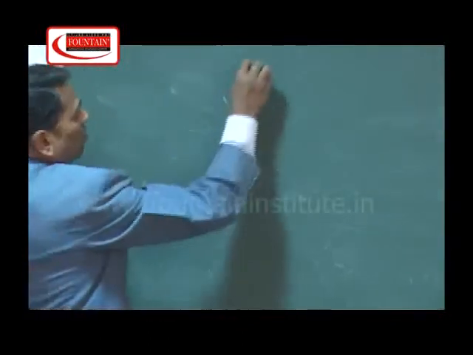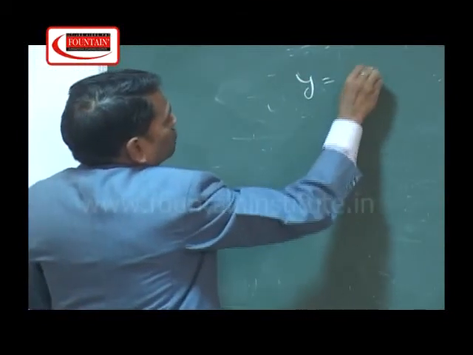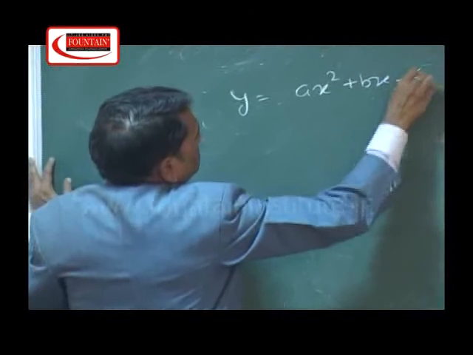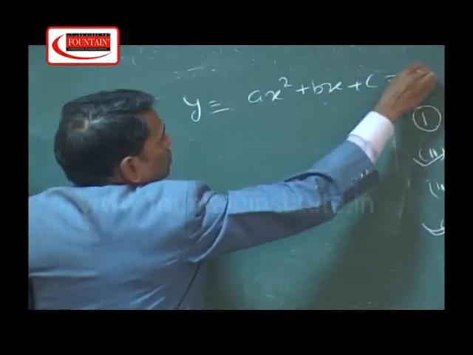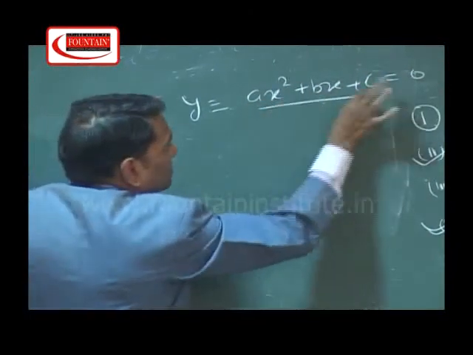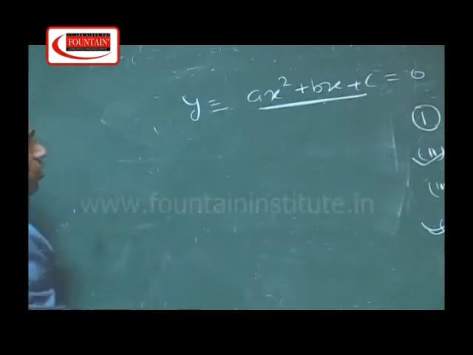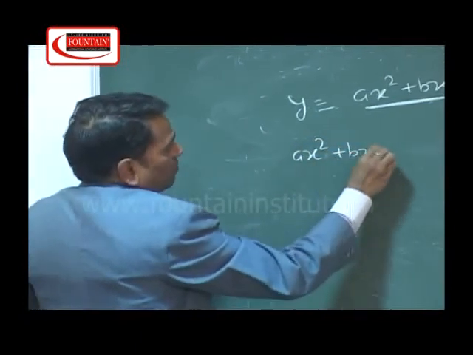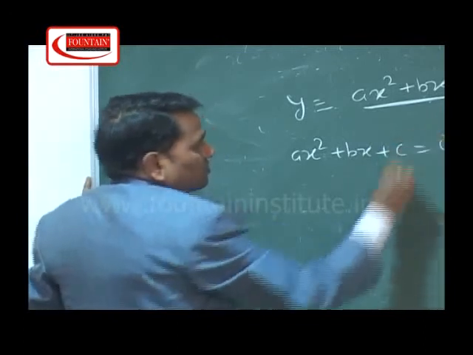Suppose the equation of the parabola is y equals ax square plus bx plus c. This is also the equation of a parabola, because any quadratic equation ax square plus bx plus c equals 0 represents a parabola.